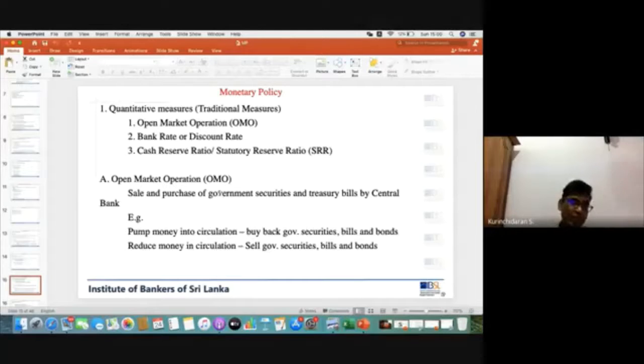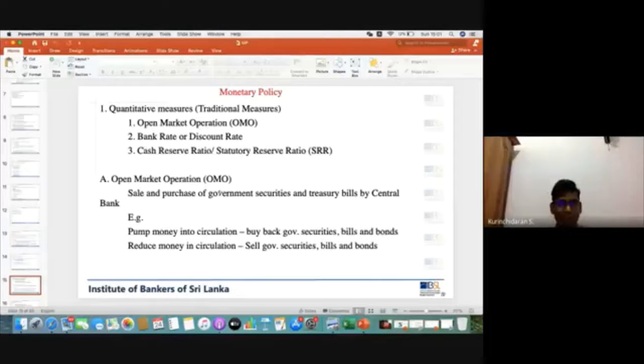When you give more money, the central bank's liabilities increase. In the same way, your domestic assets increase, that is you are getting bonds. At the same time your liabilities increase as you pump more money. Through that, you can increase aggregate demand and try to improve economic growth.